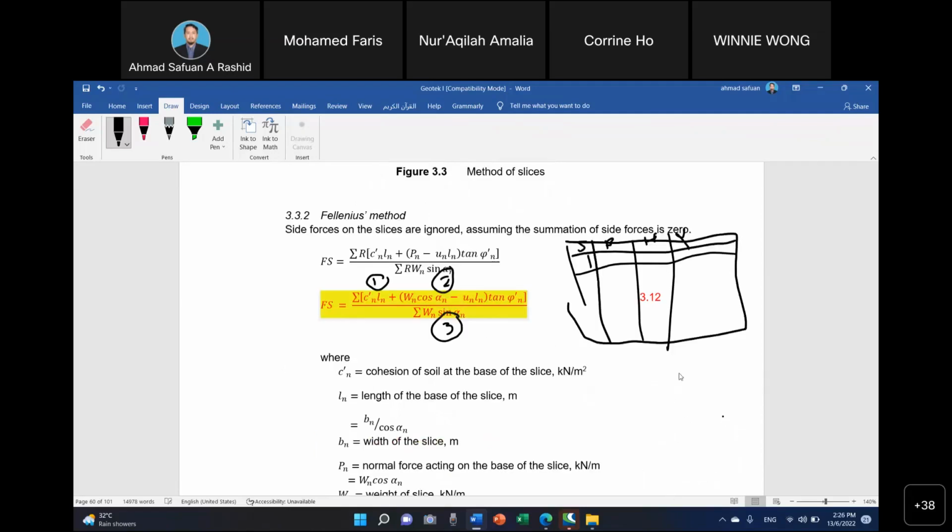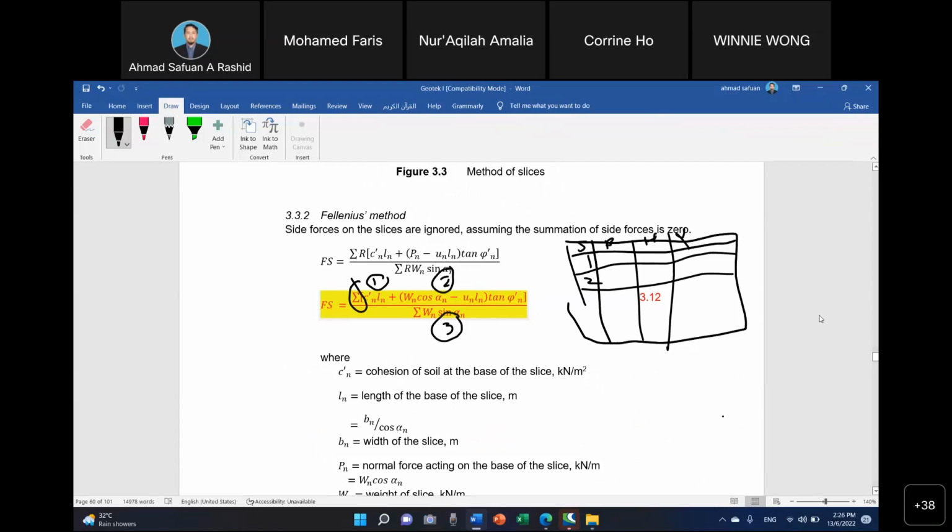From there we accumulate the value for each slice, because of the symbol of sum. So from there we can get the value for the factor of safety.